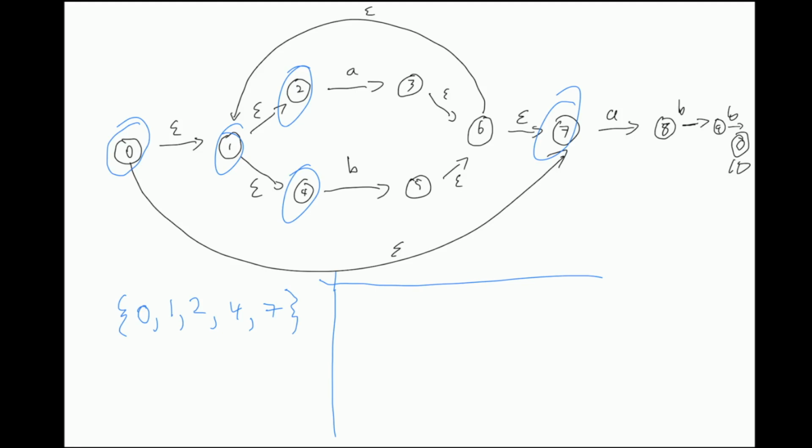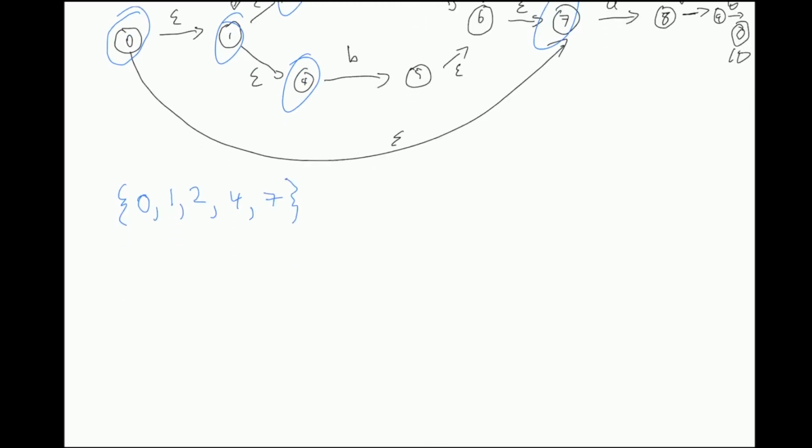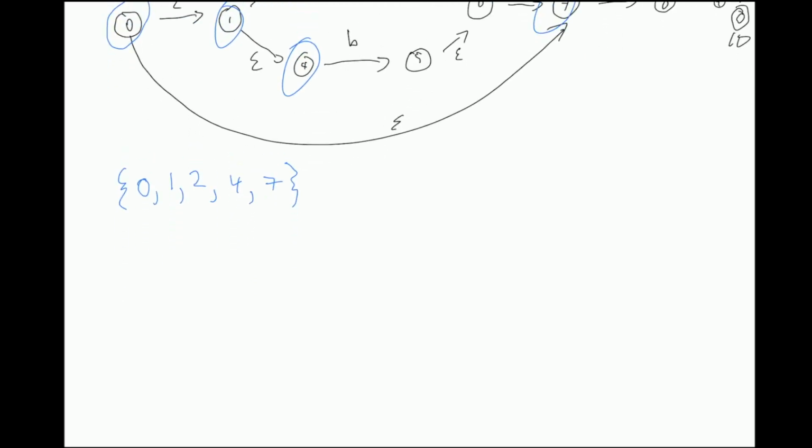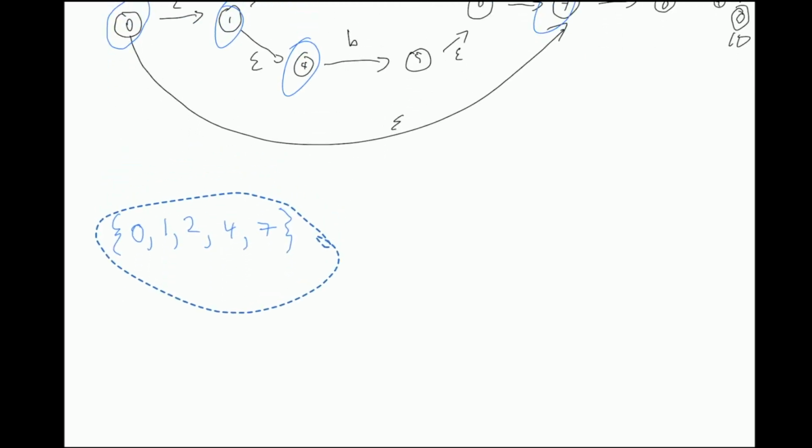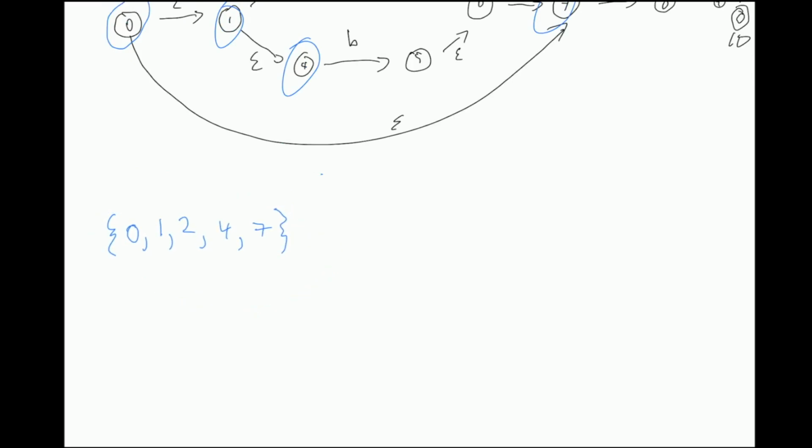And then we take all the characters in our language, which are only A and B in this language. Let me make sure I have enough space here. That's going to be our set of states. And actually, I might as well give space to name these.